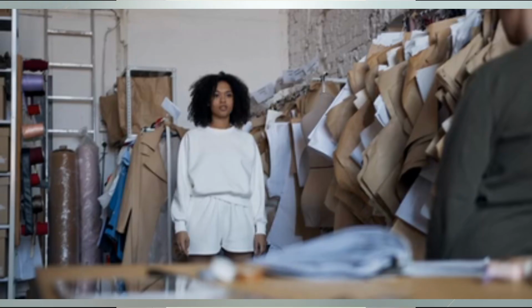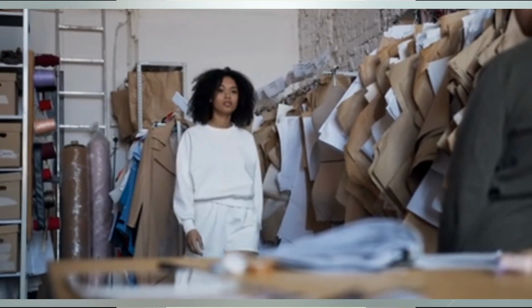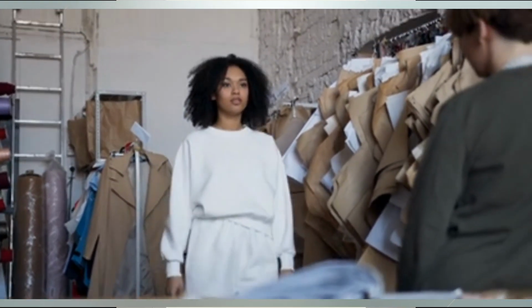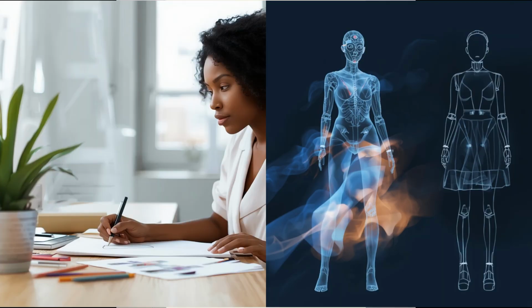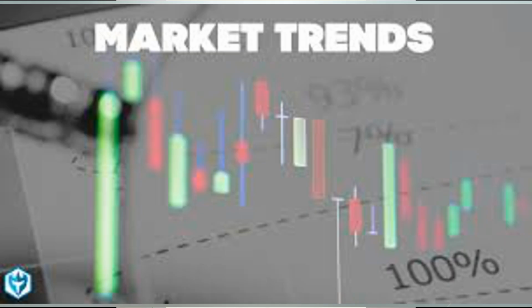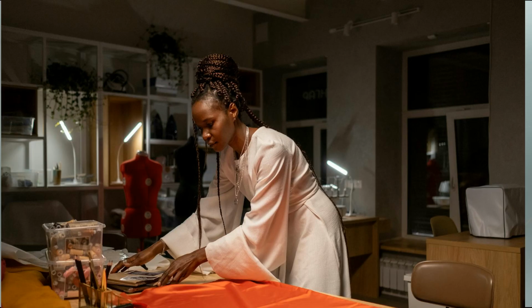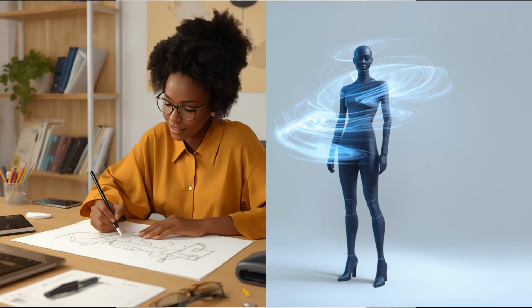Pattern creation, designing unique fabrics and textures. 3. 3D visualization, simulating how garments will look and move. And 4. Market forecasting, predicting fashion trends. It doesn't replace your creativity, it amplifies it. Think of AI as your digital fashion assistant that sketches your imagination even when your hand can't.